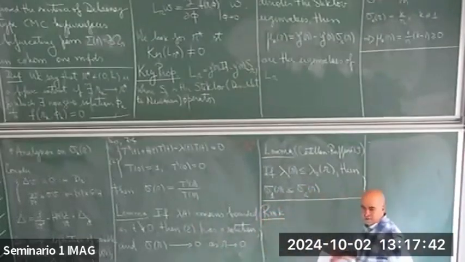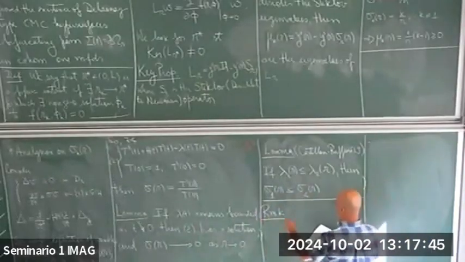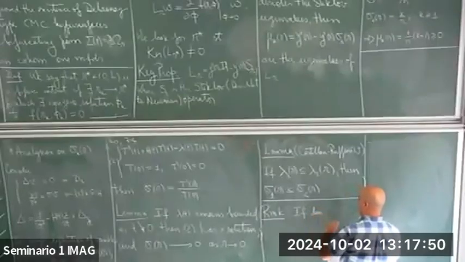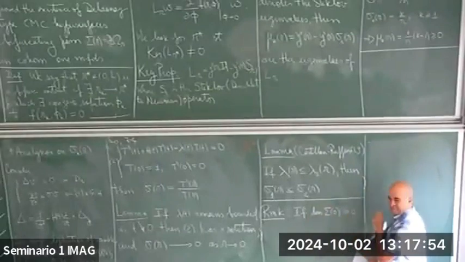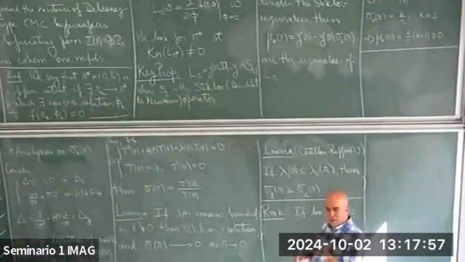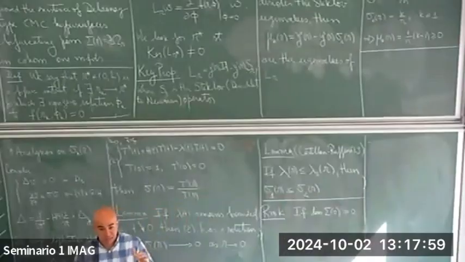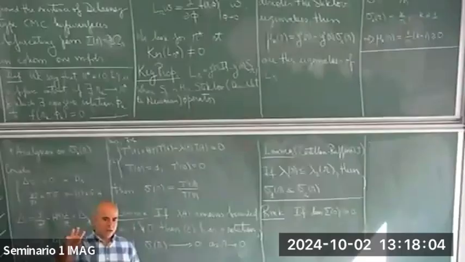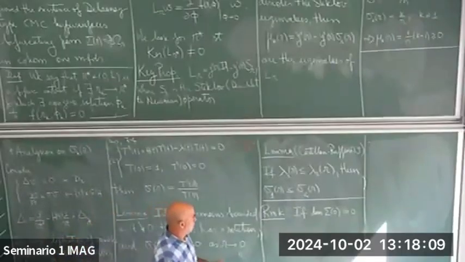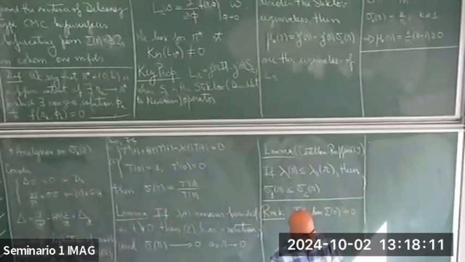Let me put a remark here. If the dimension of sigma 0 is 0, okay? So the domains omega r are actually geodesic balls in the cohomogeneity manifolds. As r goes to 0, it becomes very close to the Euclidean space, and then all eigenvalues of the Laplacian of the spheres blow up.